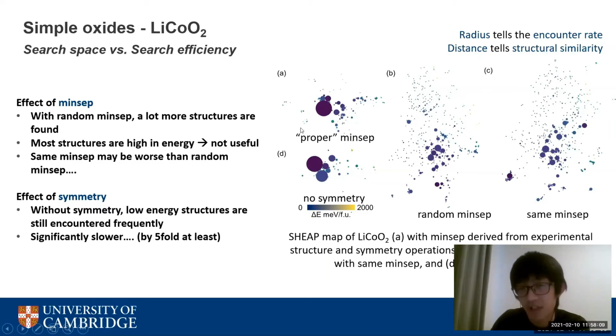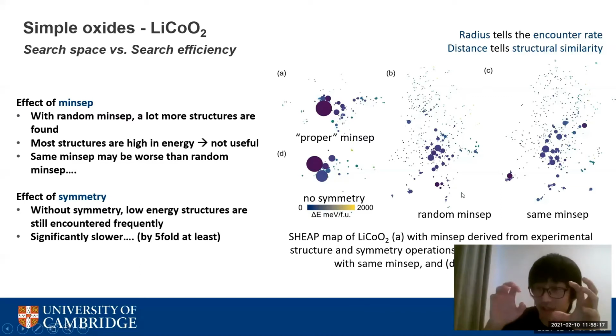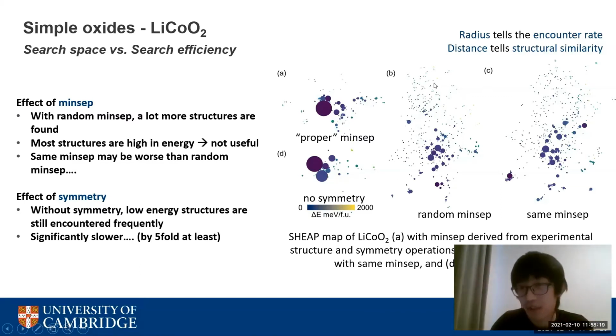In comparison, if we don't have the proper minimal separations, if we change it to a random one, with random minimal distance between atoms, you will see that we got a lot more structures, and most of these structures are high energy, and these results are not really what we want. Also the encounter rate of these low energy polymorphs is relatively lower.